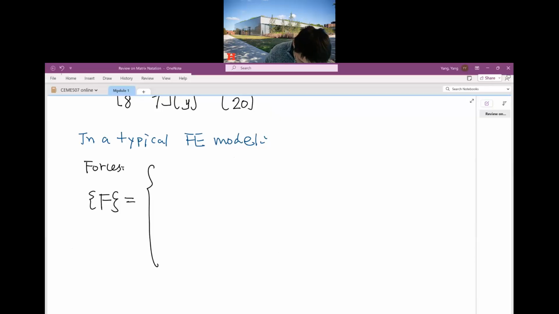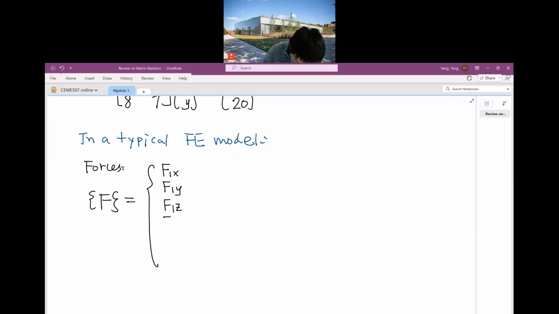We have multiple forces. For example, for a three-dimensional problem, we have the force F1x, F1y, F1z. For any given node or any given point in the 3D space, we need to consider the forces in three directions.